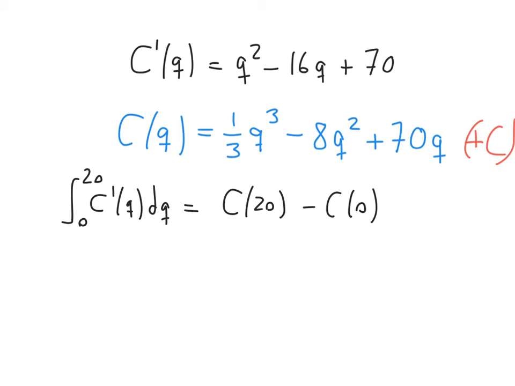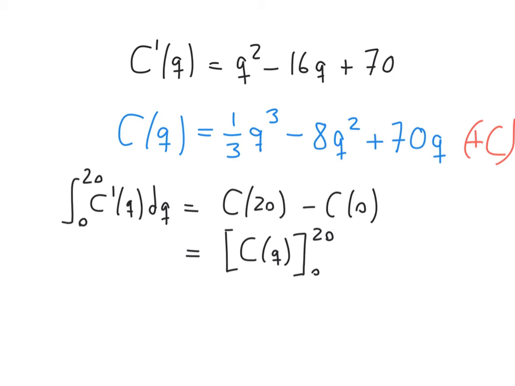And so often this is just written as C of q, and then you write 0 to 20 here, in the sense to say that you evaluate this function at the upper end and the lower end, and then take the difference between the two.